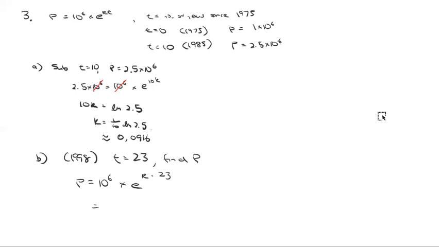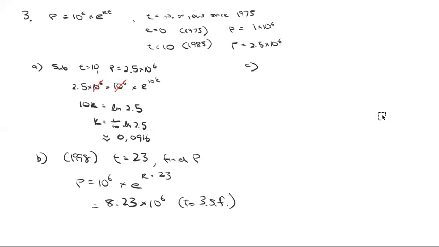And did they specify? They said to 3 significant figures, right? So that's going to be 8.23 times 10 to the 6 to 3 significant figures. Make sense?